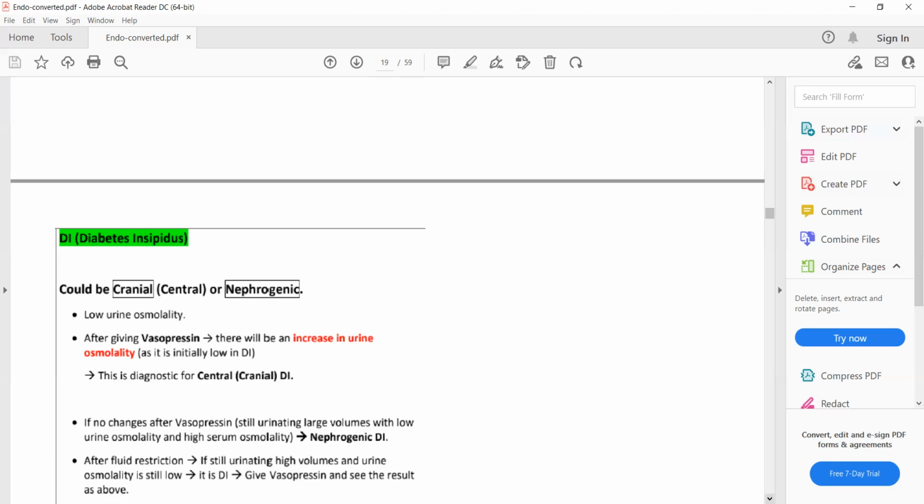The next step will be the fluid deprivation test. So the initial test is urine osmolality, and the next one is the fluid deprivation test.